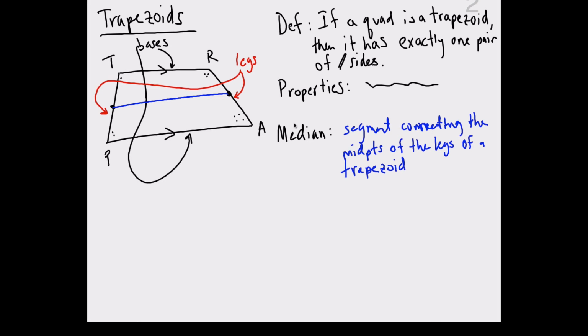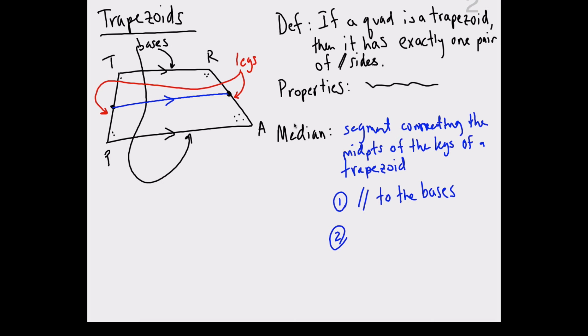Two properties about the median. Number one, well, you tell me, what would one of them appear to be? Becca? It's parallel to the bases. Good. Parallel to the bases. And number two? Anyone want to guess?